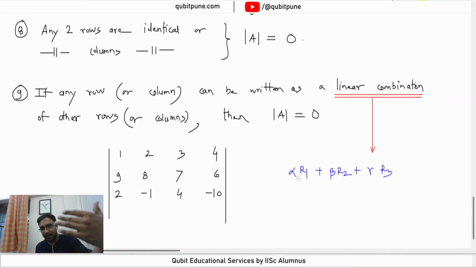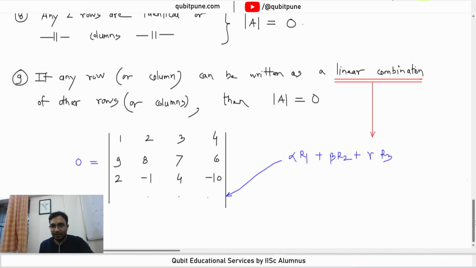Whatever elements I get, if I substitute them here, alpha r1 plus beta r2 plus gamma r3 gives the first element, second element, third element and fourth element here, and the determinant will be 0. That is what I say: if we can write any row or column as a linear combination of other rows or columns, then the determinant of A is 0. Now if you do not believe me, let us verify this.